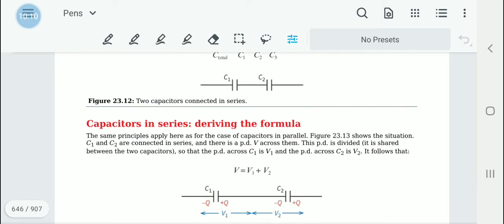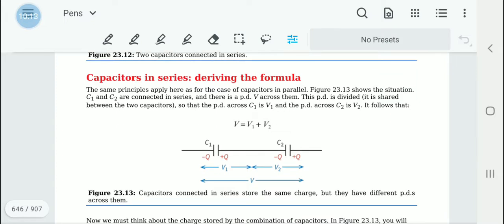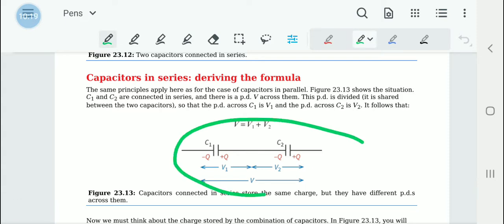This formula is reached by considering the following situation. Please draw this part of the circuit.